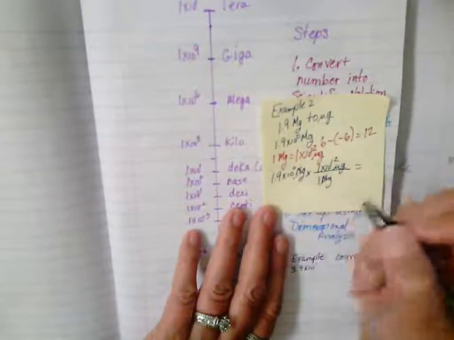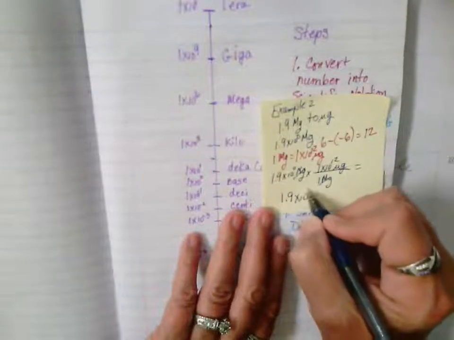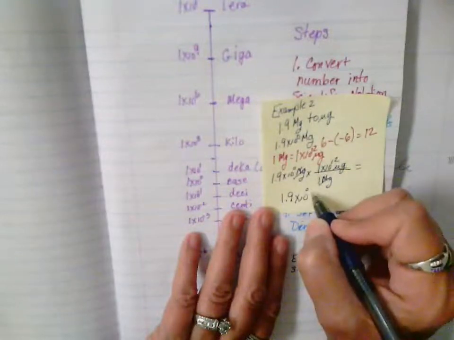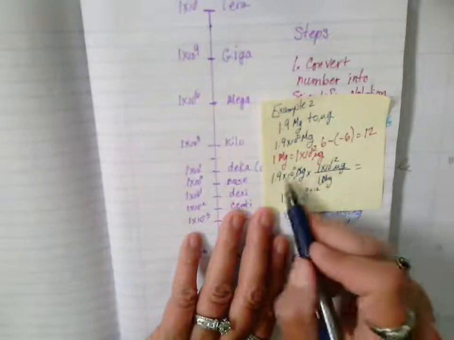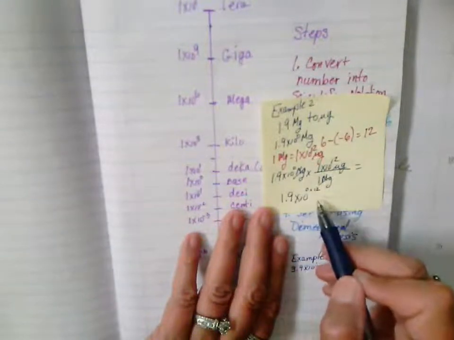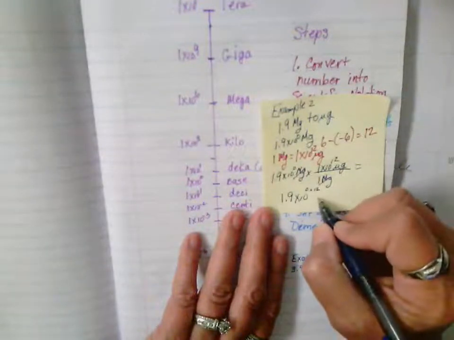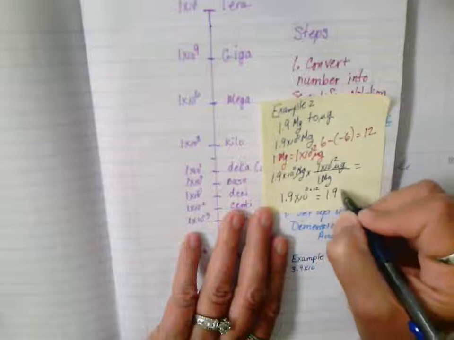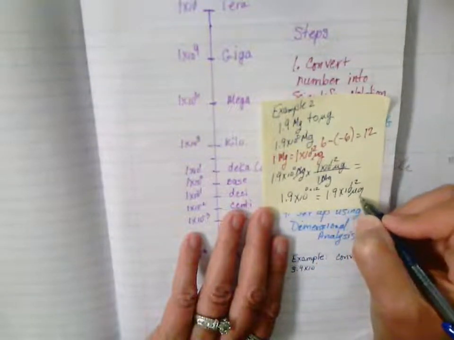Megagrams cancels out, and I get 1.9 times 10 to the 0 plus 12, because when it's in the numerator or we're multiplying, we add the exponents. When we're dividing, we subtract. And so this is going to equal 1.9 times 10 to the 12th micrograms.